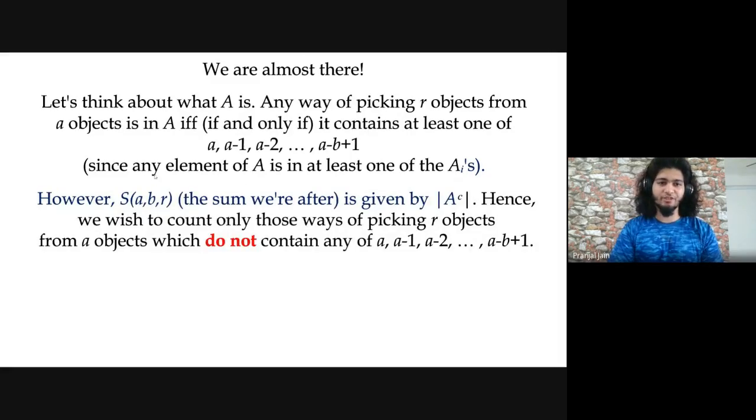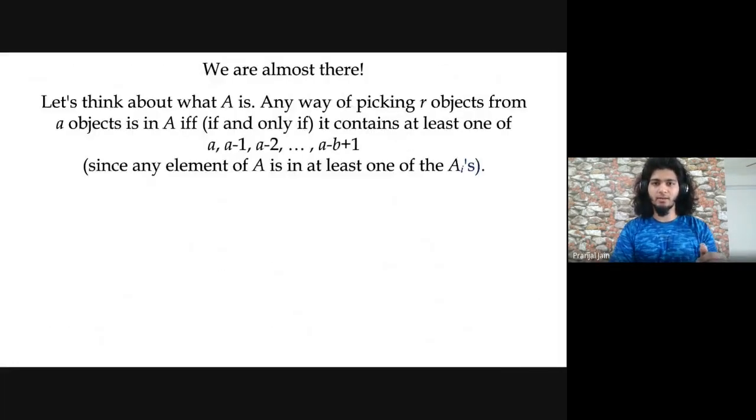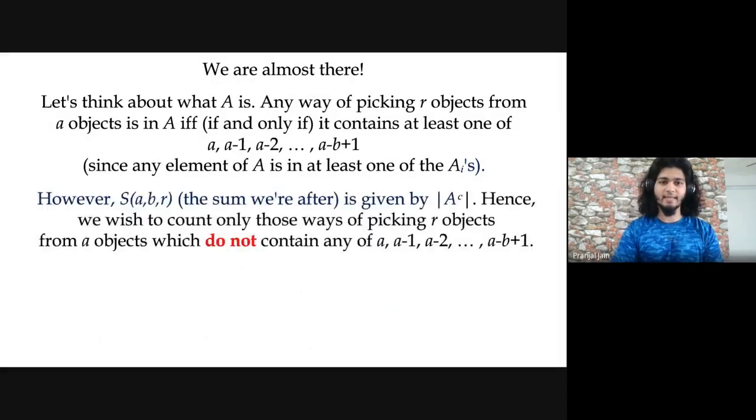But the sum which you are after is given by the size of the complement of A. So if you go back to this IEP expression, you basically see that in between the mod signs, you have the complement of the union. So the sum which we are after is actually given by the size of the complement. So how do we find the size of the complement? Well, it's simple.